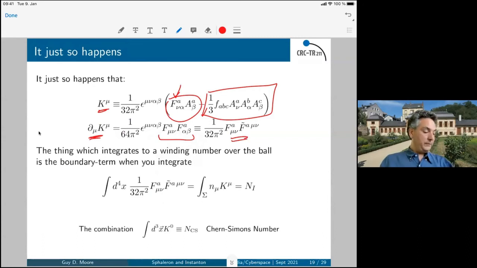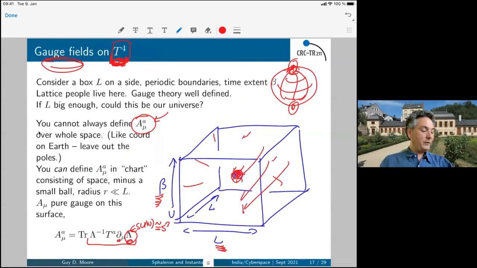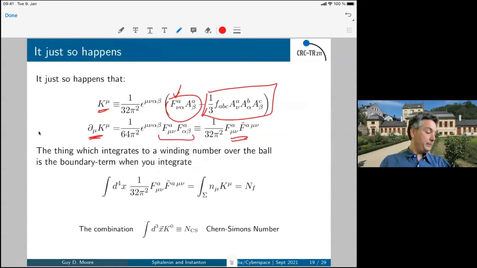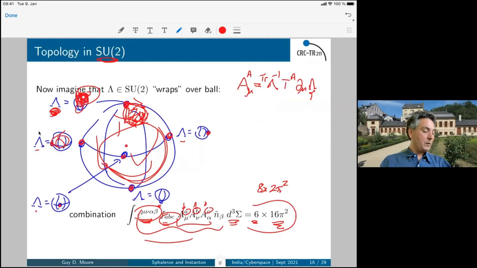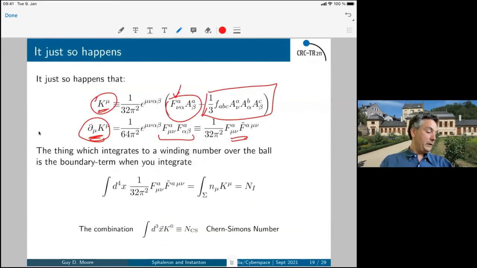And so if I integrate in the rest of the box what FF dual is doing, then because FF dual is a total derivative, that integrates to what K is doing over the surface, which is this topological quantity. And so this quantity turns out to always be an integer. And that's the instanton number. And if I do that integral over only part of the box up to some surface, then that's the thing I'll call the Chern-Simons number.